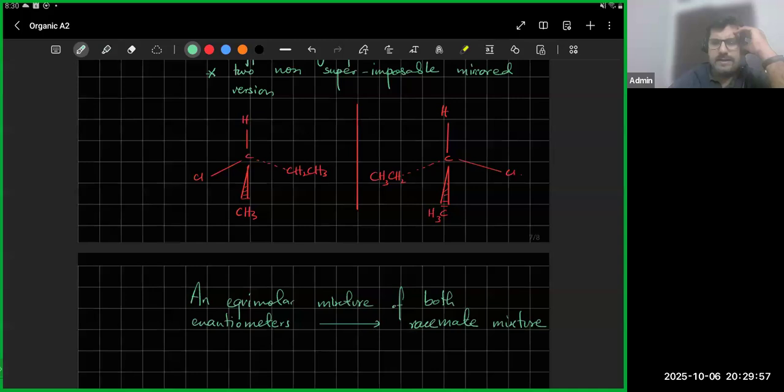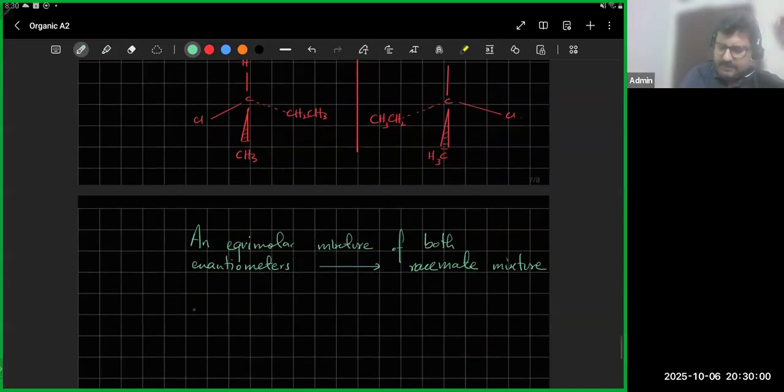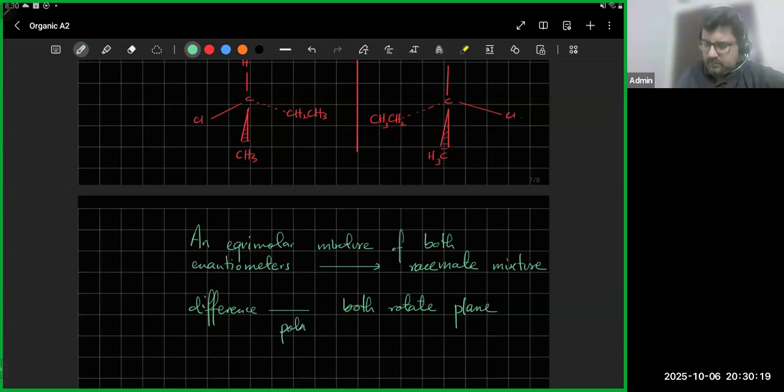And it's called enantiomers. The difference between the two is that they both rotate plane polarized monochromatic light in opposite directions.